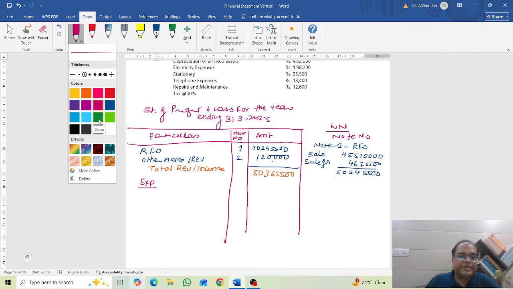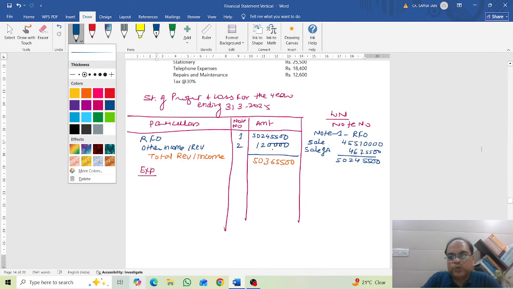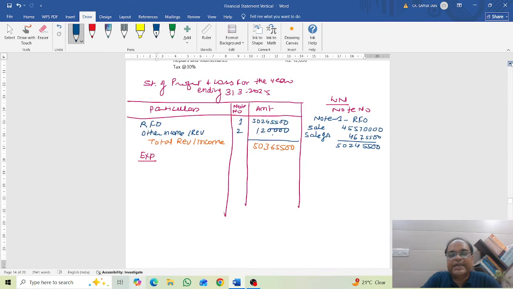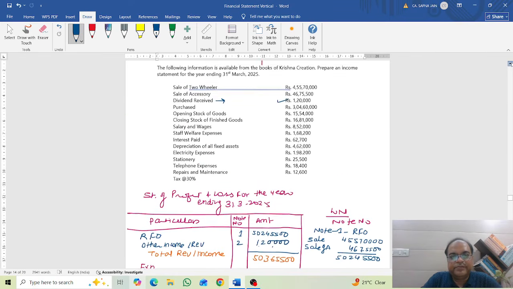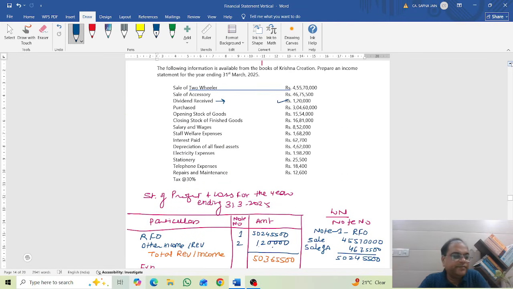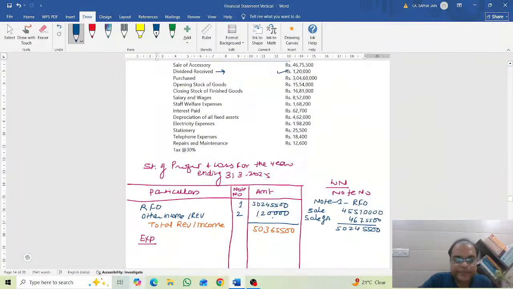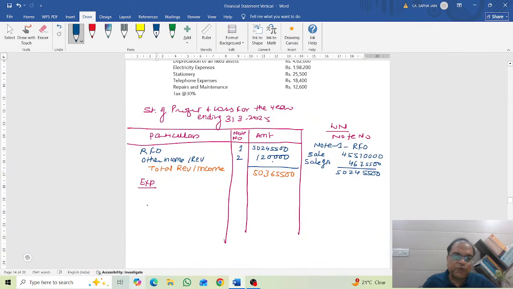Under the expenses, the first item is the cost of material consumed, but the businessman is a trader. So there is no cost of material consumed. But the purchase is given. The second item is purchase of stock in trade. So write down here purchase of stock in trade.